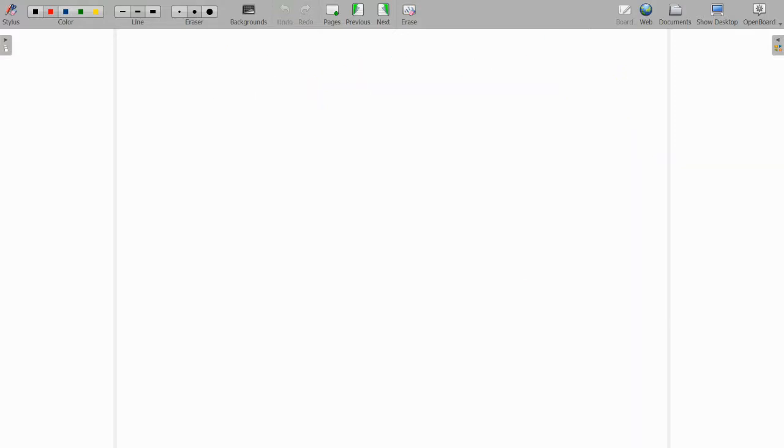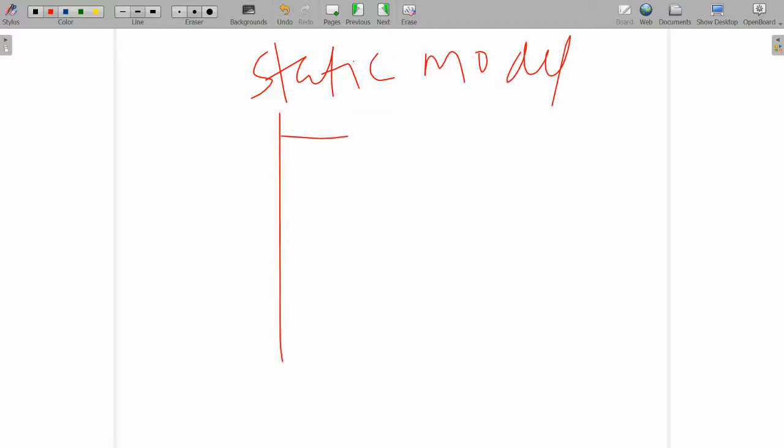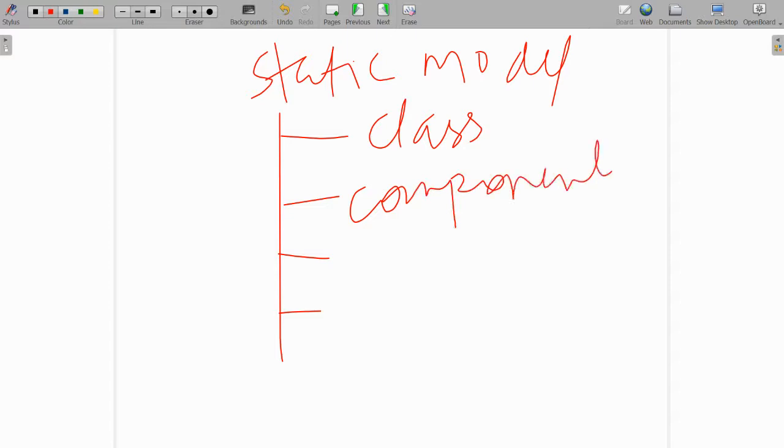Similarly, when you talk about the static model, in the static model also we have types. It depicts the structure of the model, so it can be class, components, or deployment.